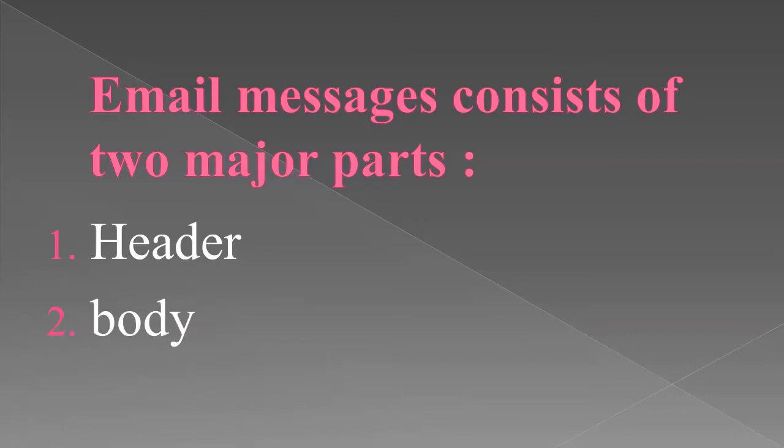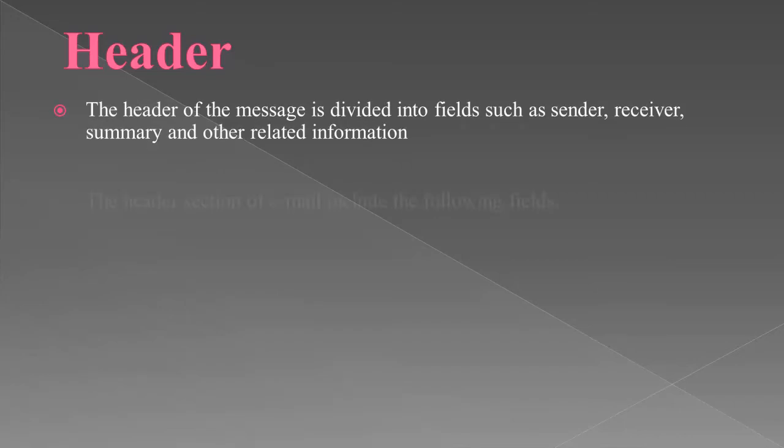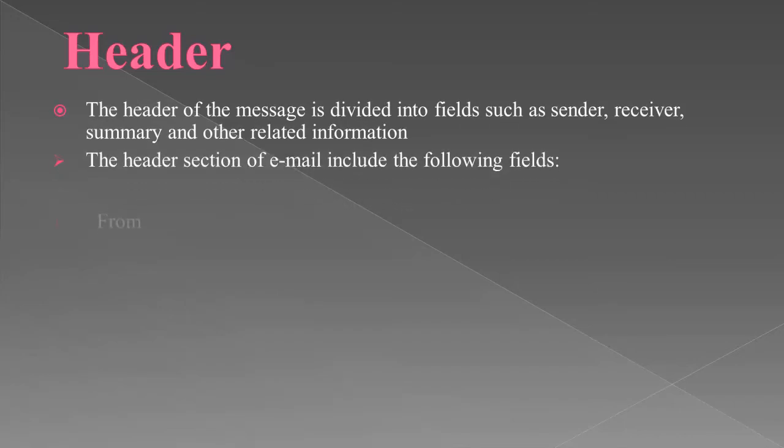First one is From, the email address and optionally the name of the sender will be shown in this section. Next one is To, the email address and optionally the name of the message recipient.